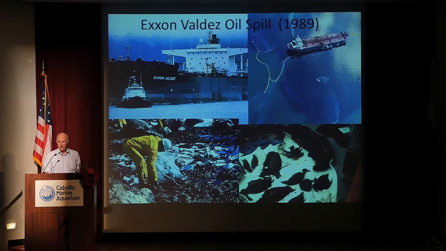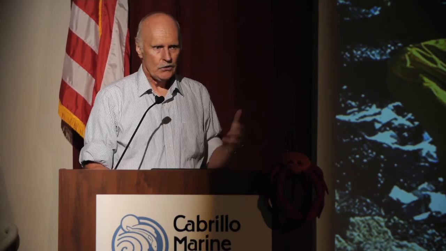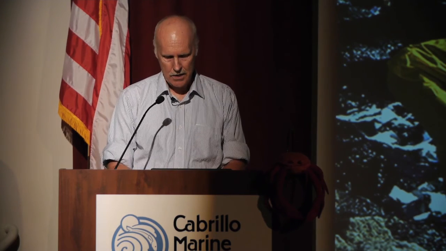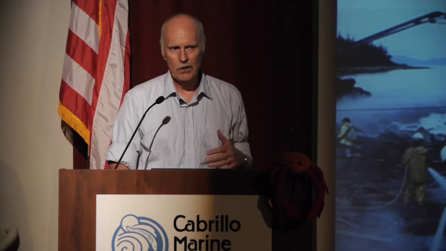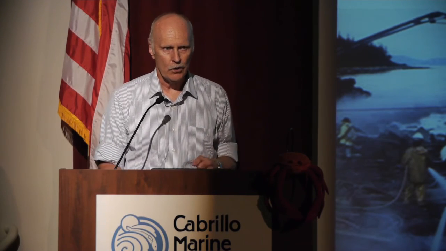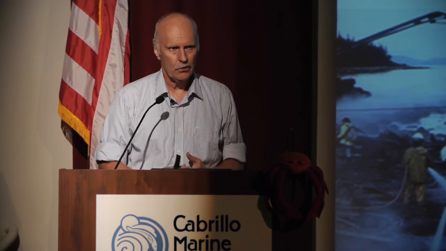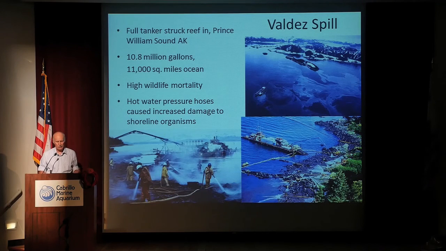The most obvious example of a reactionary response to activity in the rocky intertidal is oil spills. This is a picture of the Exxon Valdez and the oil spill that happened in Alaska in 1989. Almost 11 million gallons of oil was spilled into Prince William Sound and spread around Alaska.